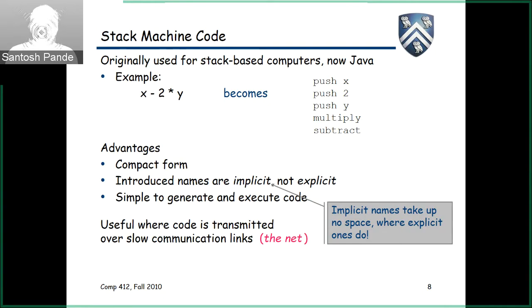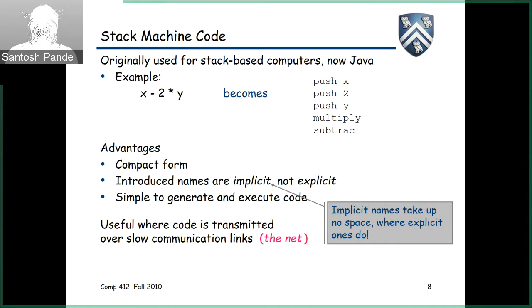This tree could be walked here, and we could generate something like, first we had to evaluate 2 times y as an expression. So what we could do is generate something like first push 2, push y, multiply these, and then push x, and then subtract this sub-expression from that.